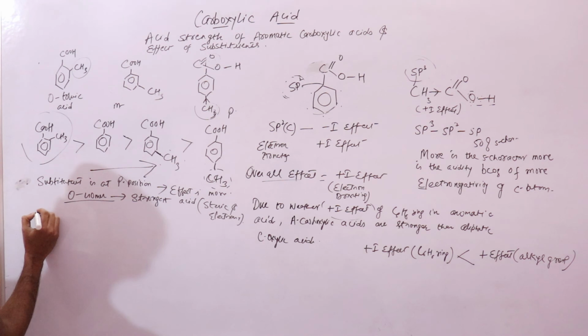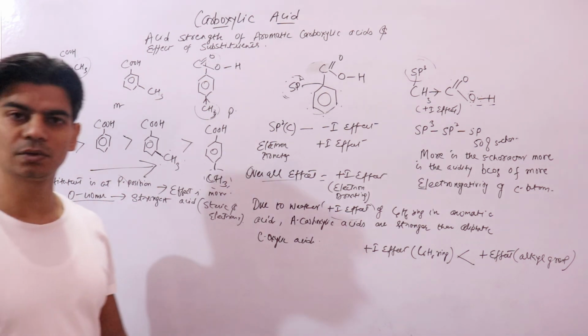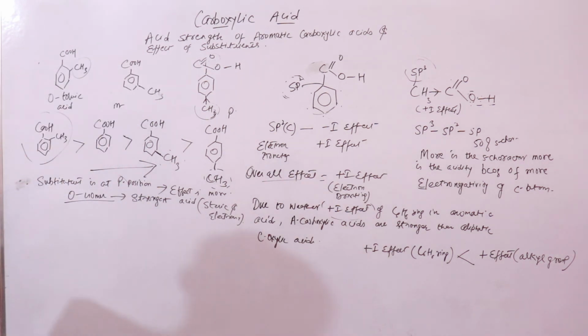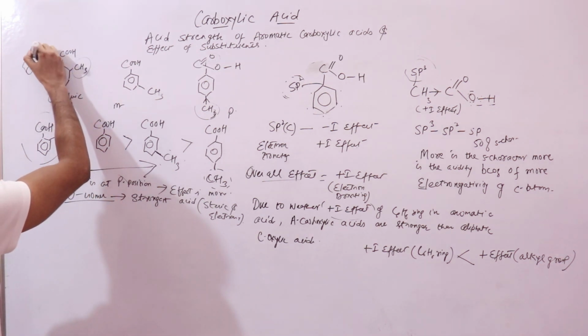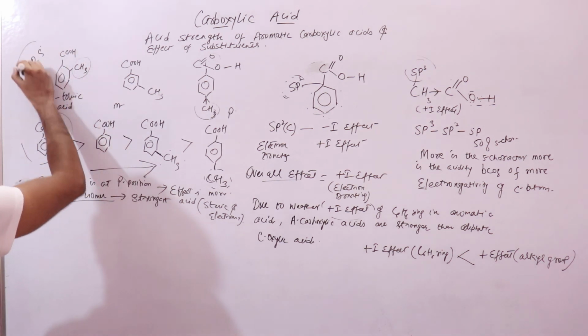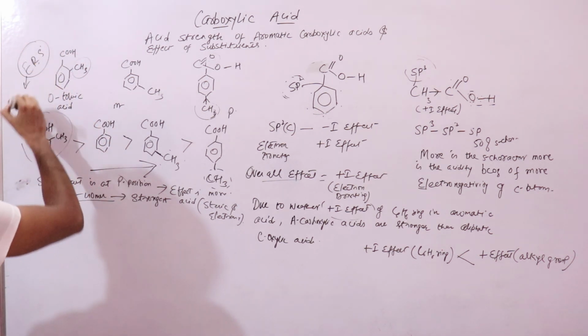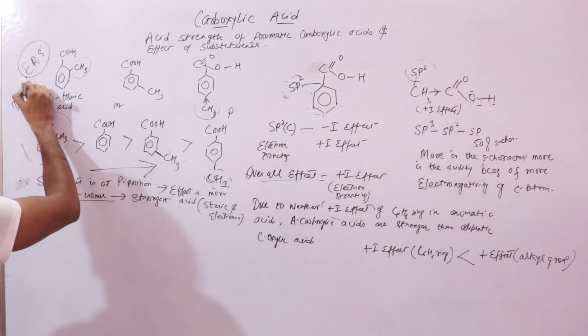Electron withdrawing substituent like nitro group. Nitro group is an electron withdrawing substituent. Like I said, this was your electron releasing substituent. Electron releasing substituent will decrease the acidic strength.